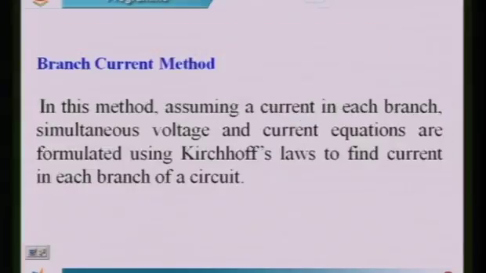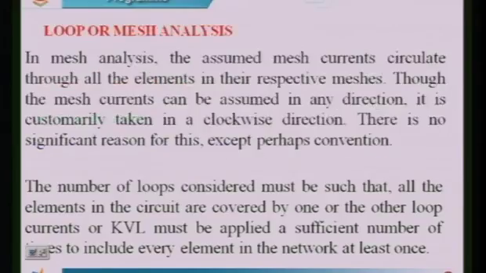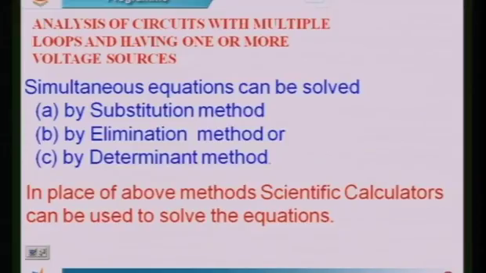The equations can be solved by the substitution method or elimination method, or the determinant method also. Calculators can also be used to solve the simultaneous equations. When we go to some problem, I will explain how to use the calculator.